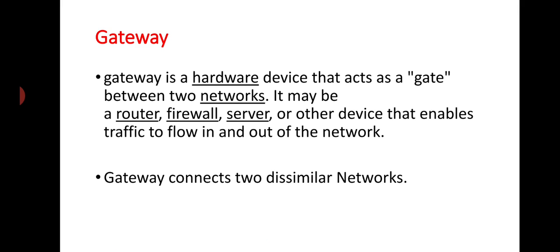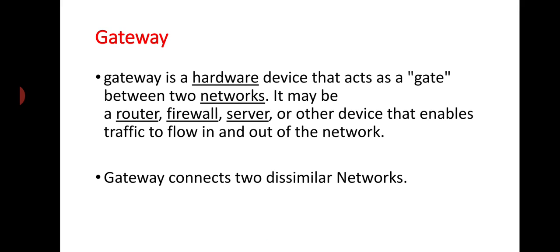Next one is gateway. Gateway is a hardware device that acts as a gate between two networks. It may be a router, firewall, server, or other device that enables traffic to flow in and out of the network. Gateway is the hardware device that acts as a gate.